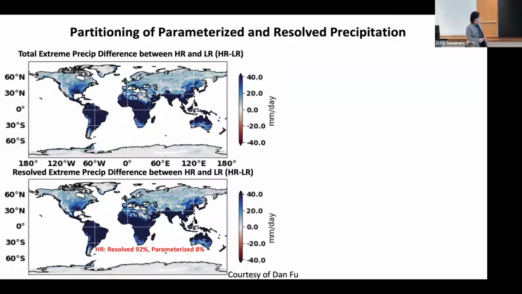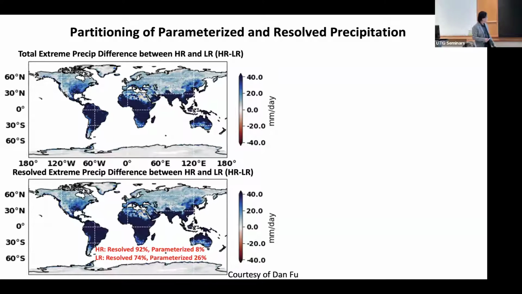So if you calculate the percentage of the extreme precipitation contribution from the resolved large scale versus the parameterized, in the high resolution model, it turns out 92% of the extreme precipitation is coming from the large scale. Only about 8% is coming from the parameterized.